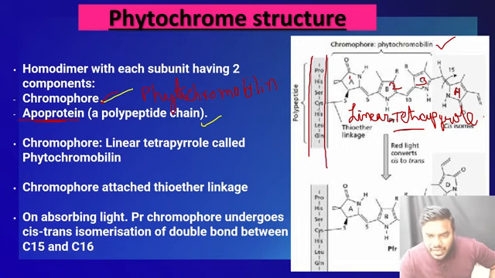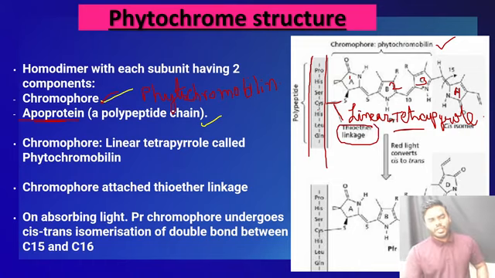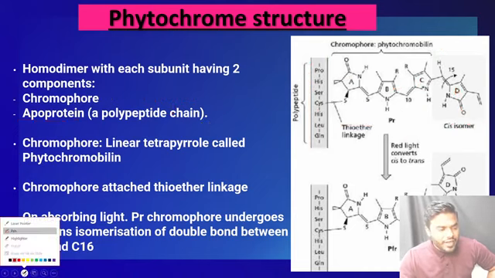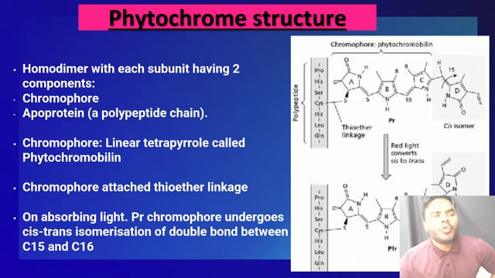How is this polypeptide chain connecting to the linear tetrapyrrole? It is connecting with the help of a specialized linkage. What do you call it? Thioether linkage.